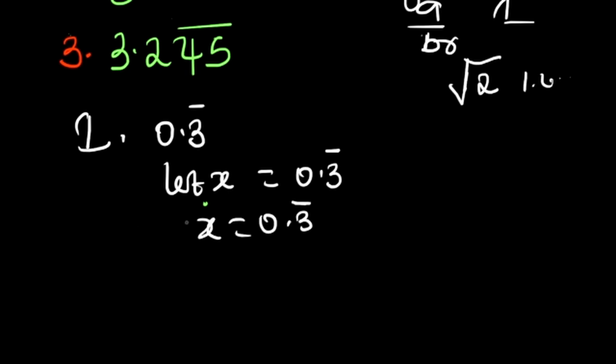Now, if you multiply this by 10, 10 times x will give you a 10x. This is equal to, please don't use a calculator when evaluating the part that contains the repeating decimal. Once you multiply the left-hand side by 10, it gives you a 10x, okay? Always multiply by 10 to avoid confusion.